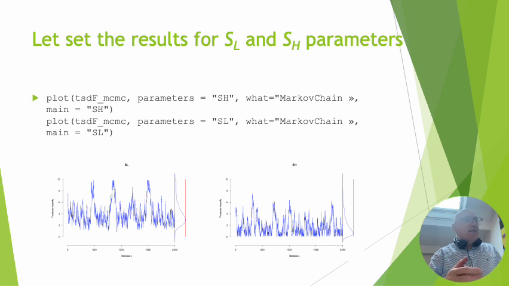This is the same, at left SL, at right SH, and you see the range of possible values that SL can take, the blue posterior distribution at right, and SH the same. And for these two distributions, remember that the priors were uniform. This is the red curve that you see. This is uniform from 0 to 10. Okay, perfect.